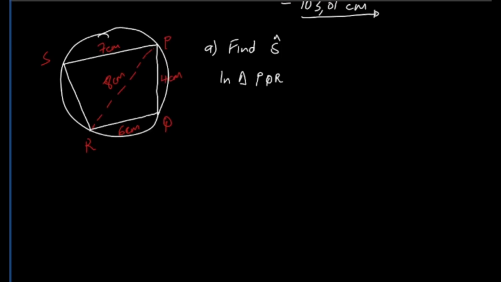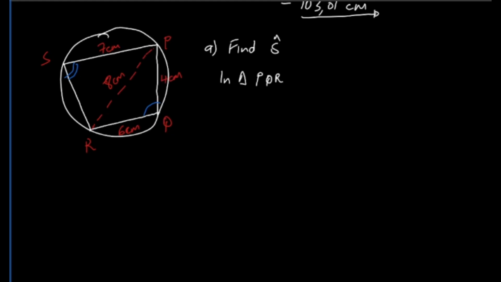If we can manage to find this angle, it will be easy to find that angle S, because of opposite angles of a cyclic quad. I guess Euclidean geometry is your favorite topic.